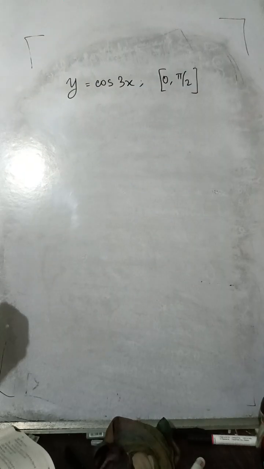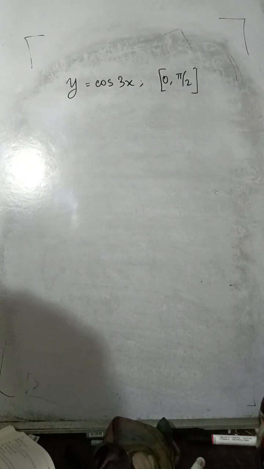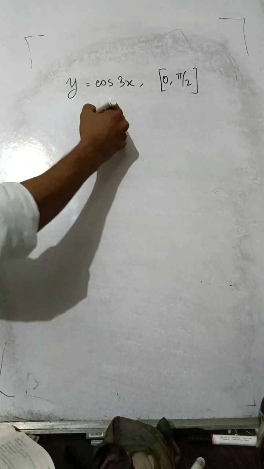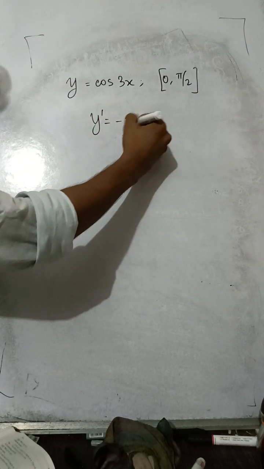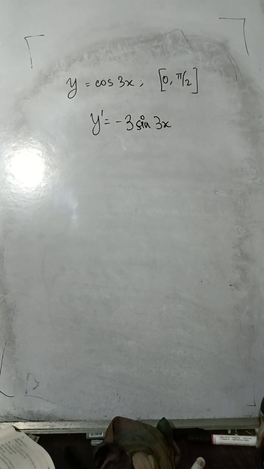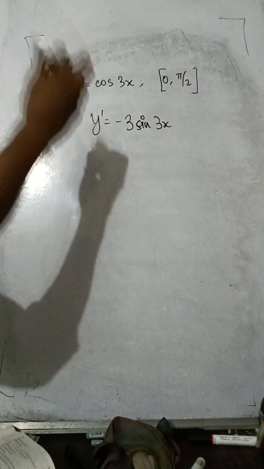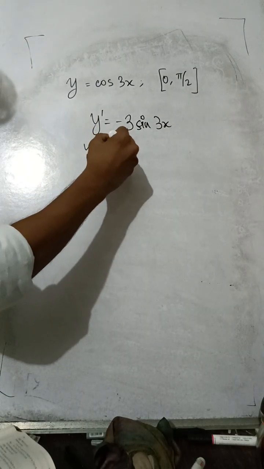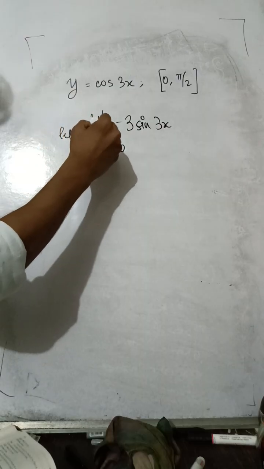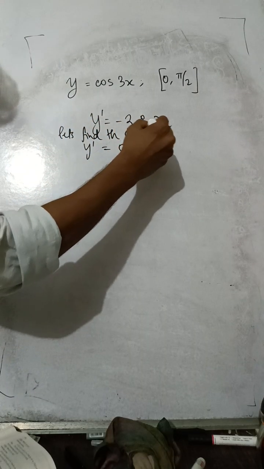We will study where it is increasing and where it is decreasing. So what is y dash? First of all, y dash will be negative 3 sine 3x. Now find the critical points.